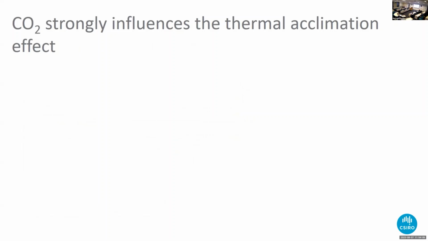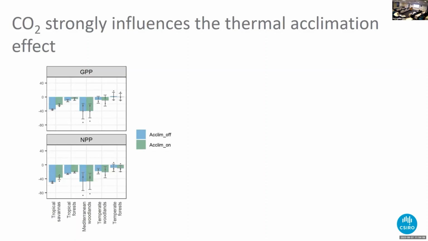And again, these are the plots showing the thermal acclimation effect for GPP, NPP, and live tree carbon. And again, we see a small thermal acclimation effect in the static CO2 simulations, but interestingly, it declines after about 2075.